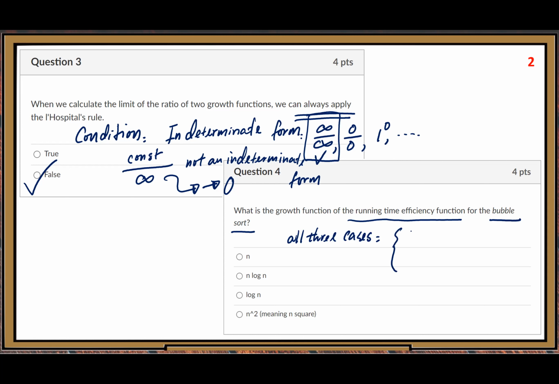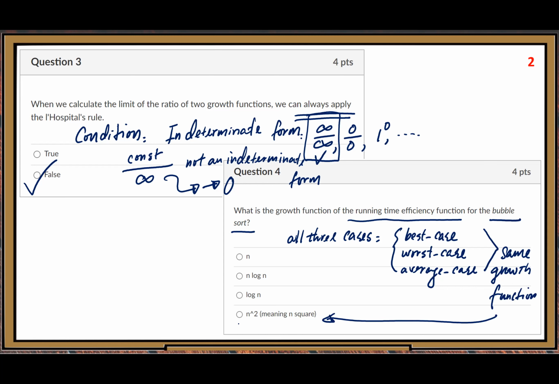So we know the best case, the worst case, and the average case. And the growth function is the same. So that is the n squared case. That's simple.